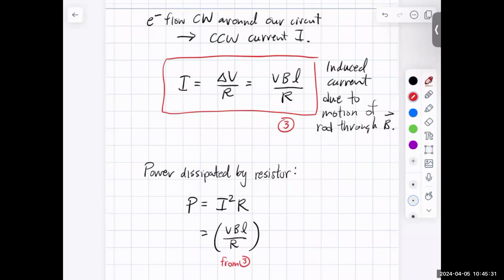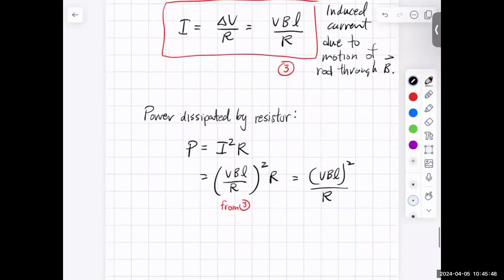That's the current, and we have to square it, and then multiply by R. What we end up with is VBL squared times R divided by R squared, so we just get divided by R. So that's the power dissipated by our resistor. Let's call that equation 4.